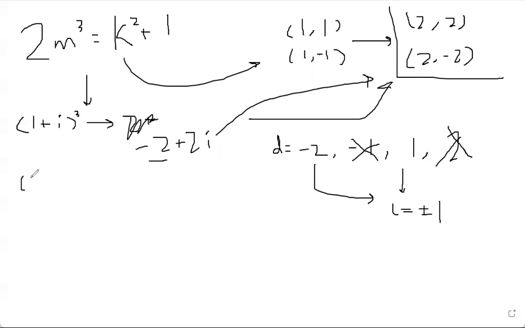What about negative 1 plus i cubed? Well, this is nothing surprising either. This is just going to give us negative 1 plus 3, that's just going to be 2 plus 2i. And this is just going to give us the solution we had before.